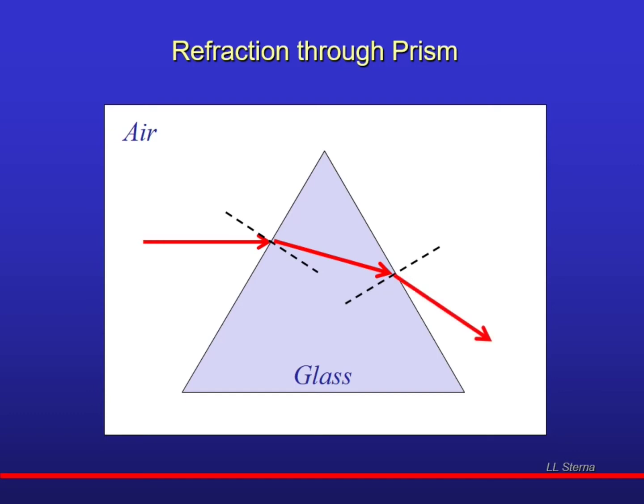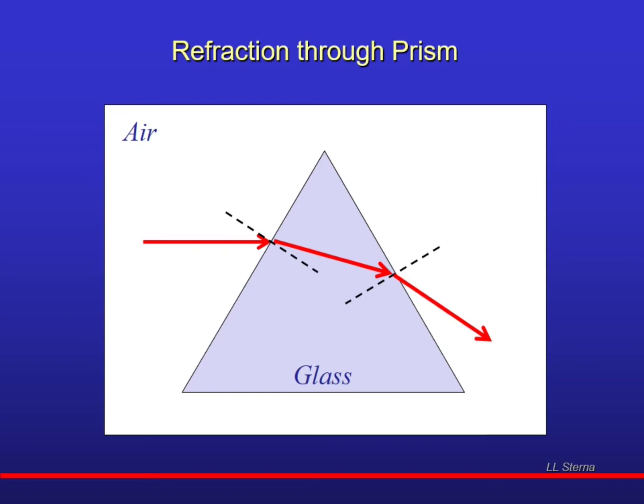This is what's so interesting about how the prism works. Because of the angle of the two sides, when it enters on the left, for this one it bends down. When it exits on the right, once again it bends down.